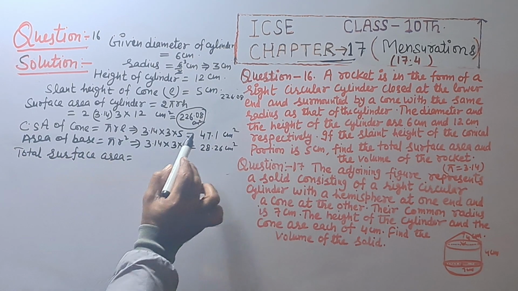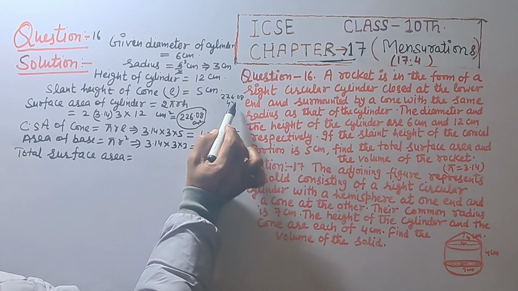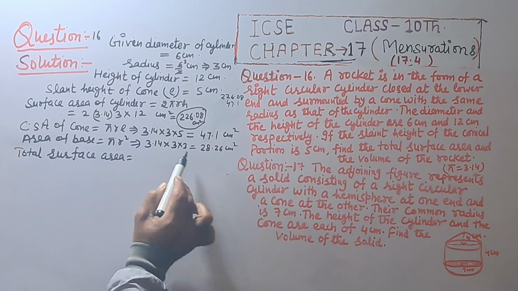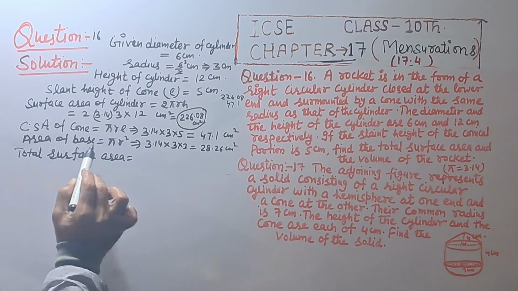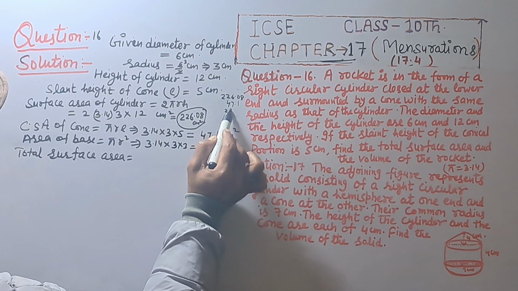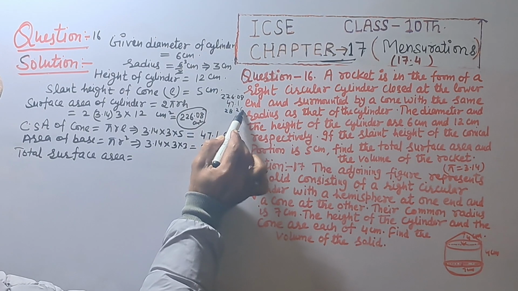Curved surface area of cone is 47.1, and area of base is equal to 28.26.